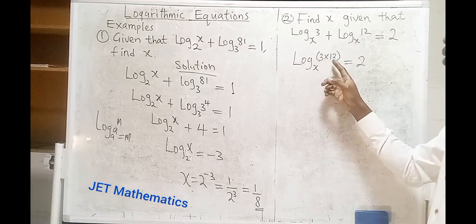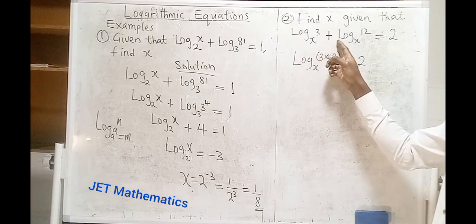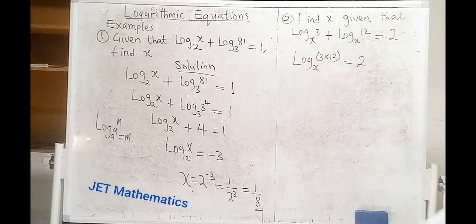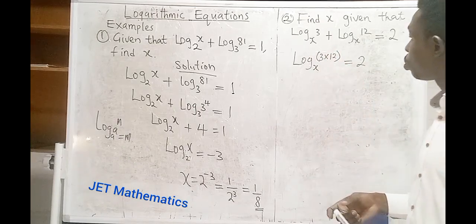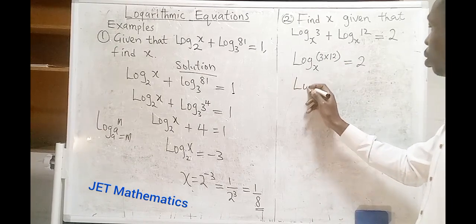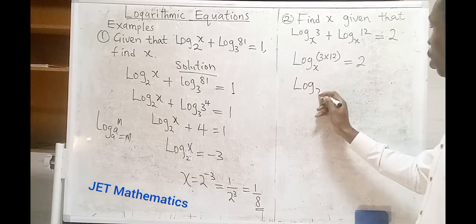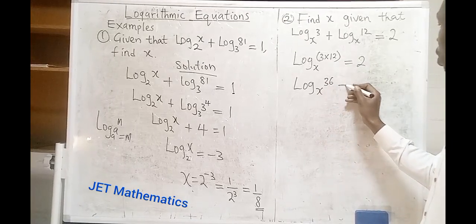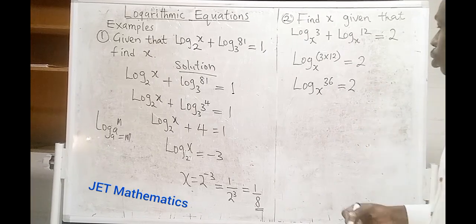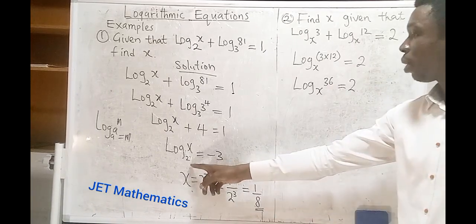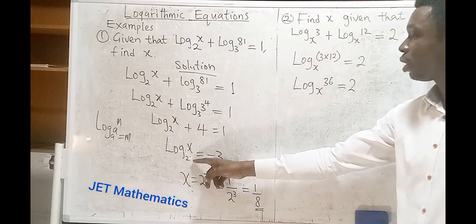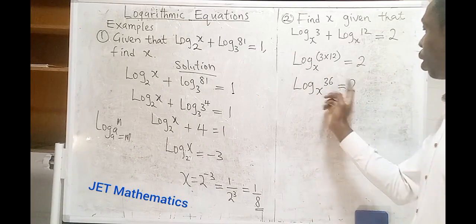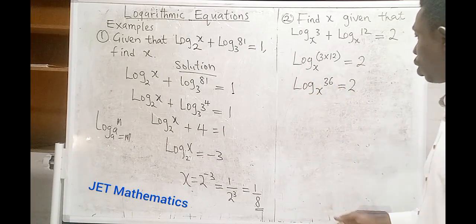Now 3 times 12, we're applying the law of logarithm: when it's the same base and it's plus, you multiply them. So at this point we say this is log x of 36 equals 2. Applying the same rule, the relationship between logarithm and indices, will transform this logarithmic equation to an exponential equation or indicial equation.